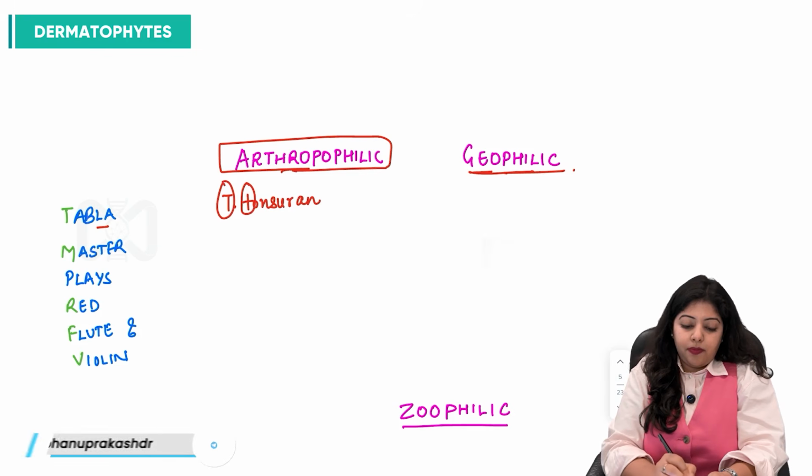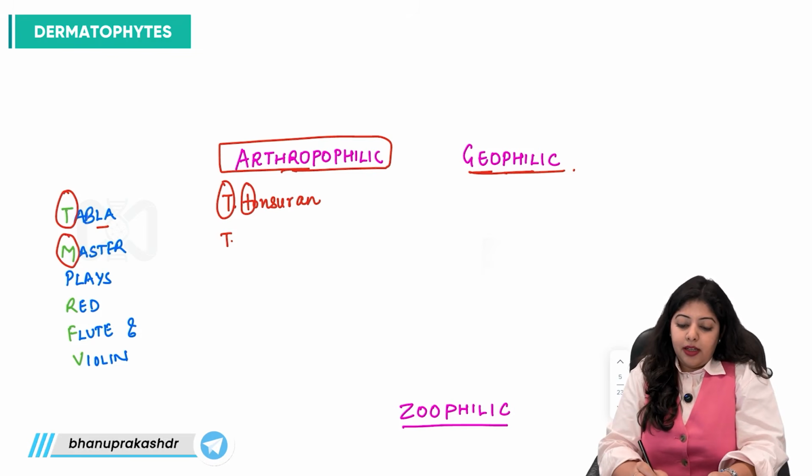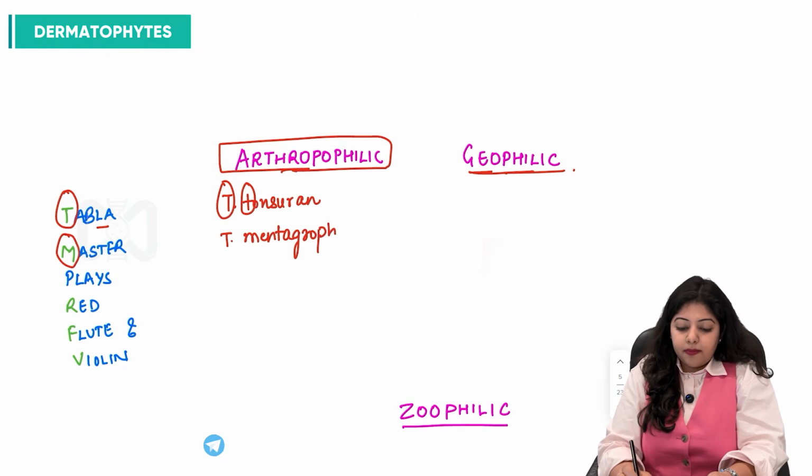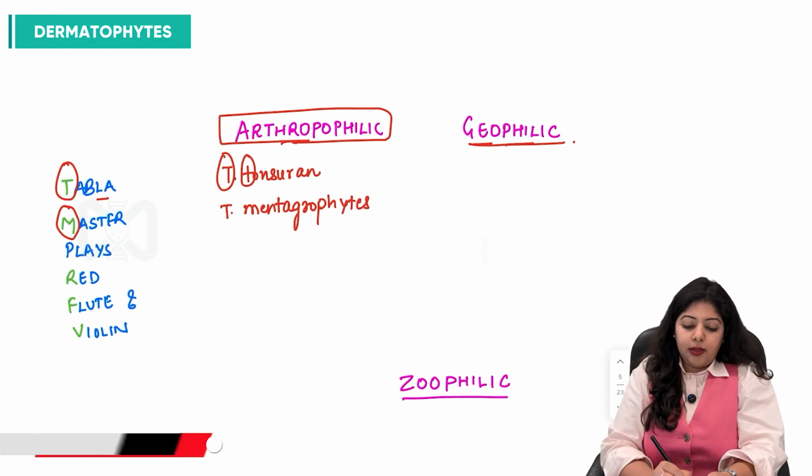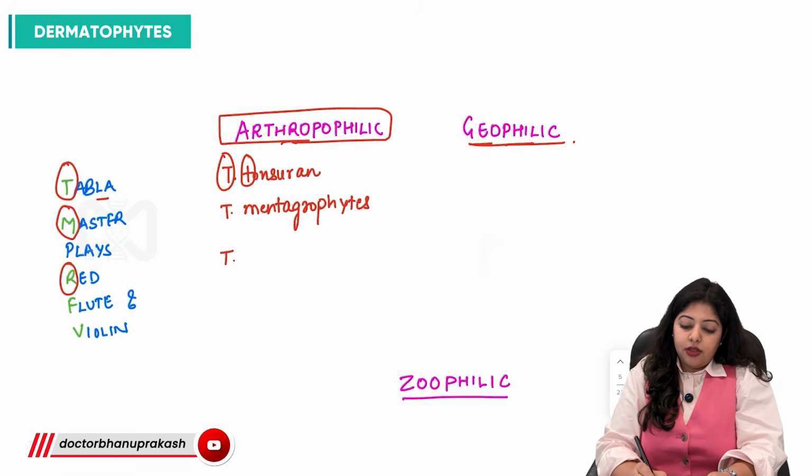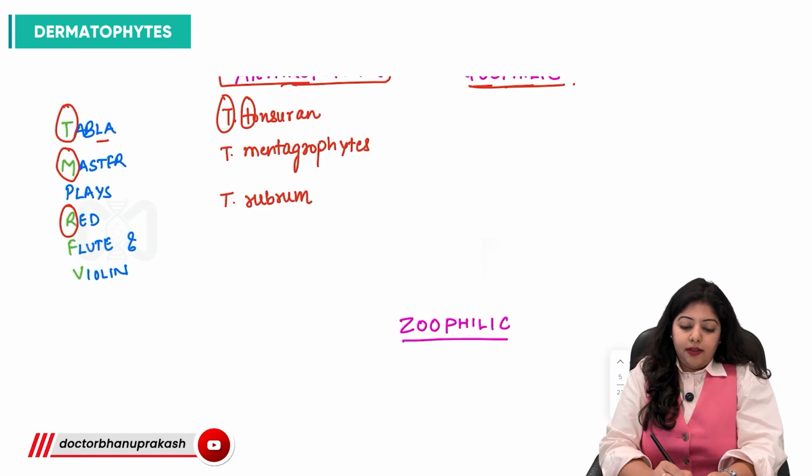T. Then we have Trichophyton mentagrophytes. Another species associated is Trichophyton rubrum. Rubrum stands for red.